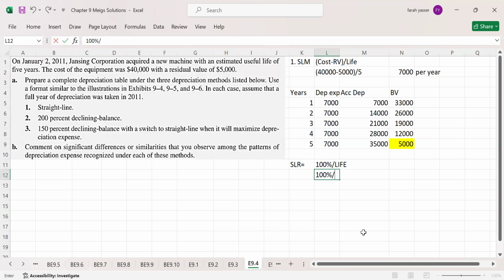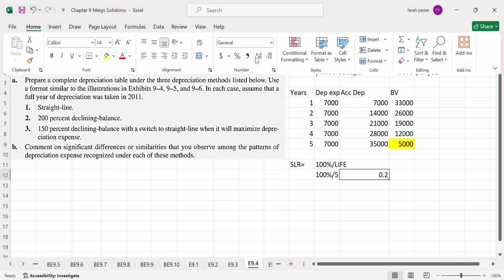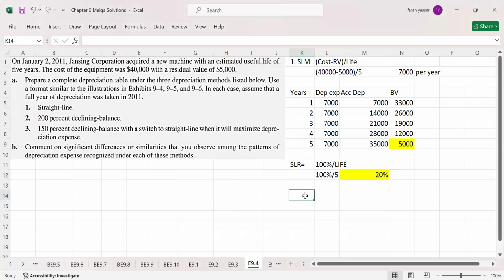Useful life is 5 years, so the rate would be 20%. We can check, yes, it is 20%.